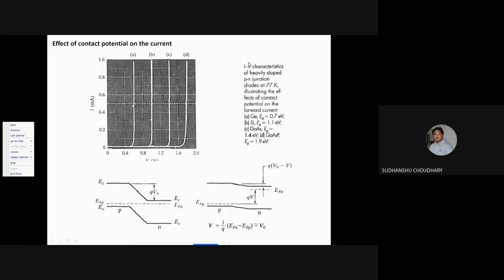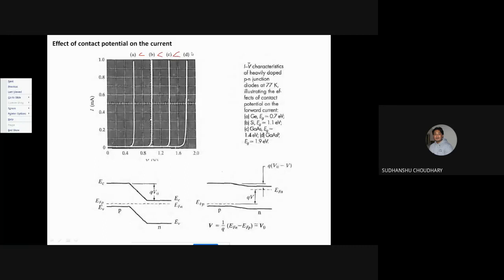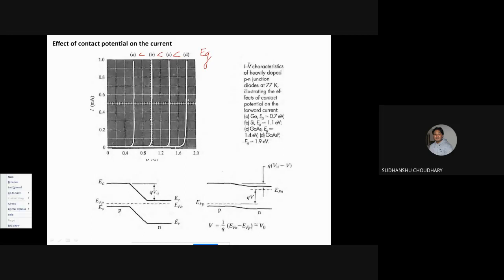For example, here in these four cases, A, B, C, D, the band gap of material A is smaller than the band gap of material B, and material B's band gap is smaller than C, and material C's band gap is smaller than material D. And we see here the IV characteristics for these four materials A, B, C, D, where the band gap variations are there.